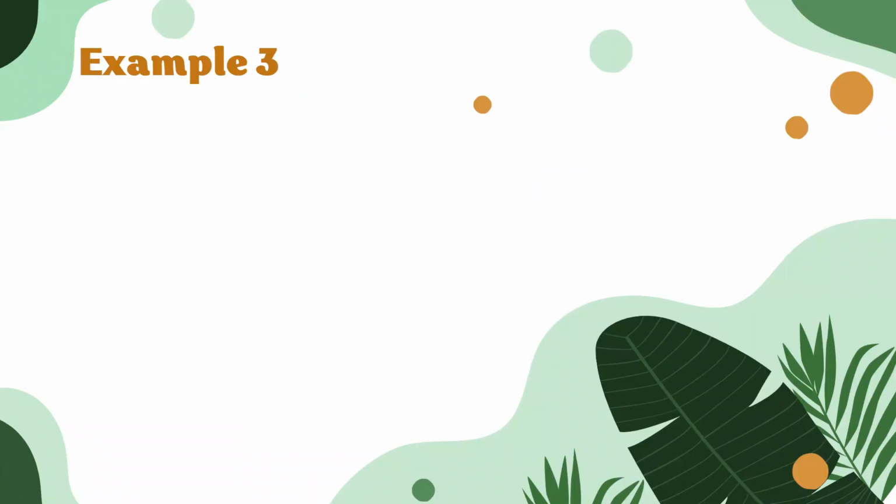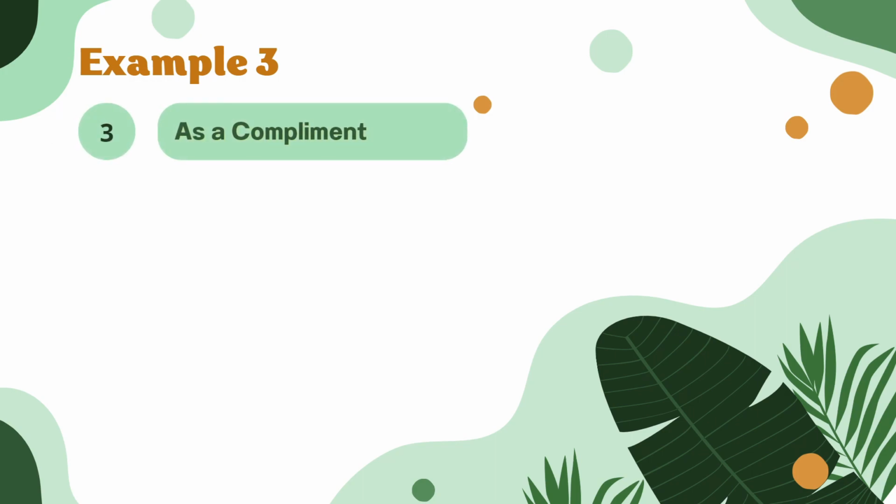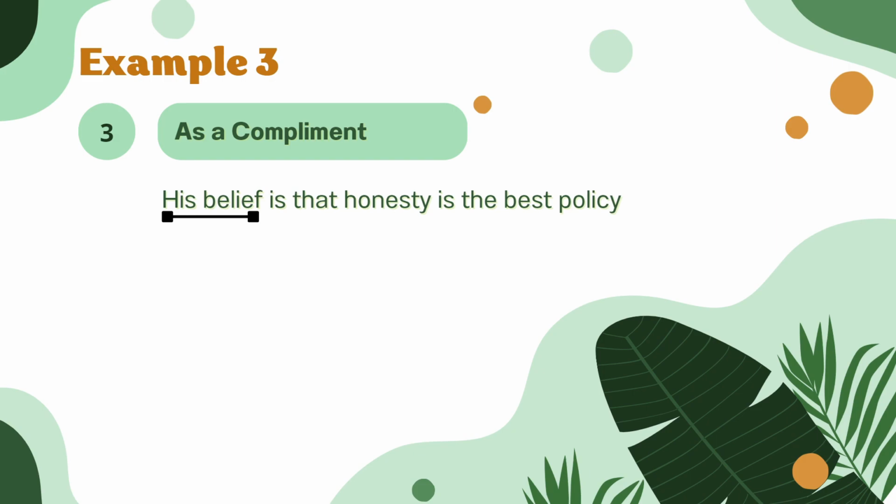Example number 3. Example number 3 is noun clause as a complement. We have a sentence. The sentence is, "His belief is that honesty is the best policy." This sentence can be analyzed as follows. "His belief" can be categorized as subject.